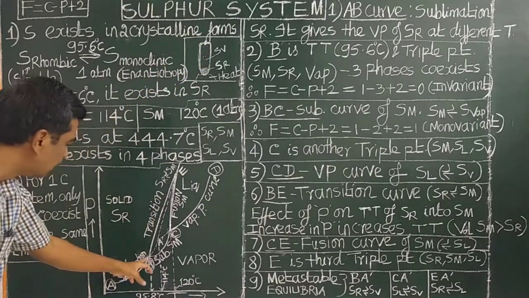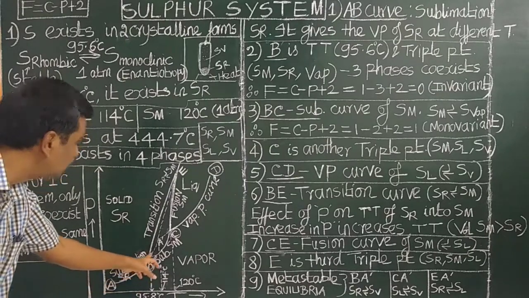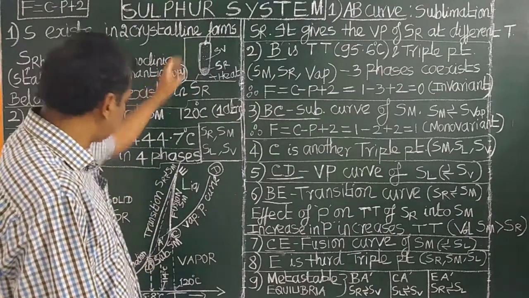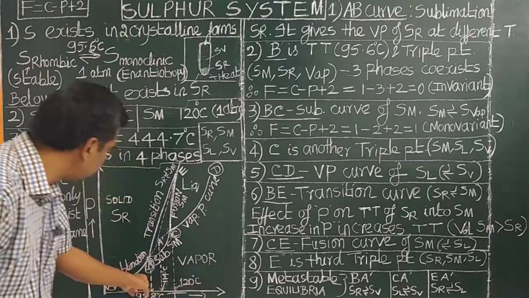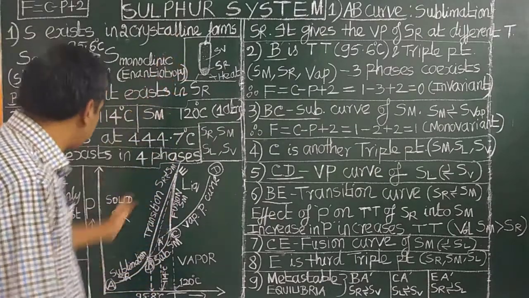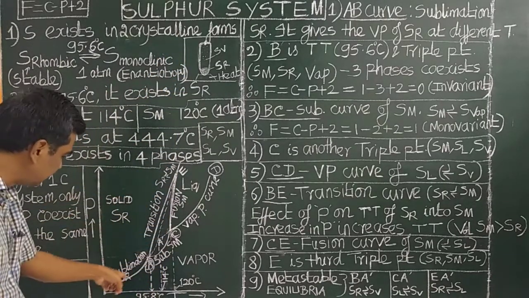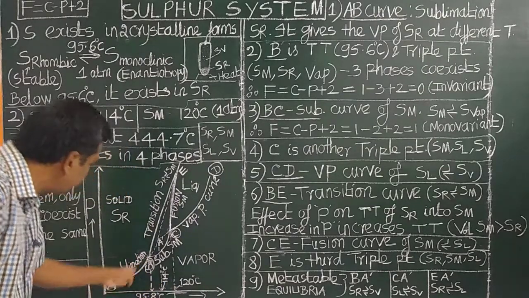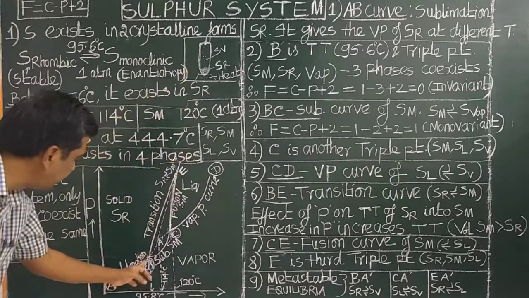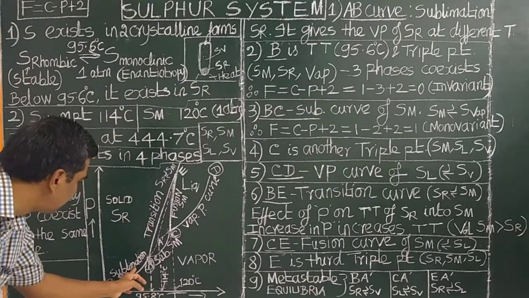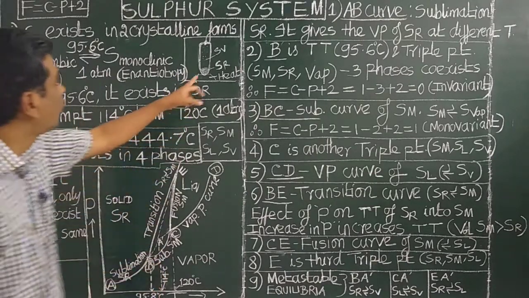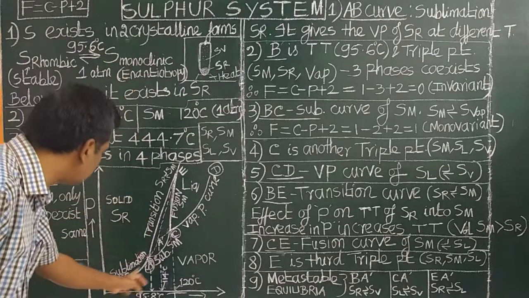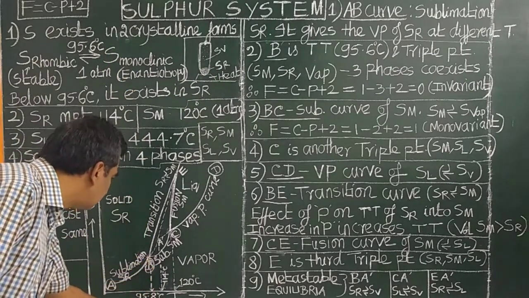This is called sublimation, so this is the sublimation curve. On increasing the temperature, the vapor pressure increases. At 95.6, sulfur rhombic is converted into sulfur monoclinic. This is the transition temperature.